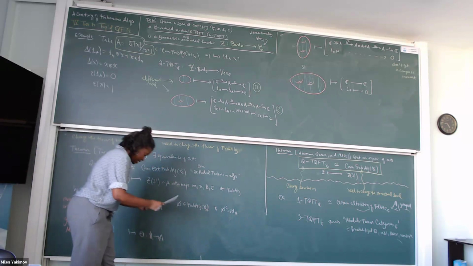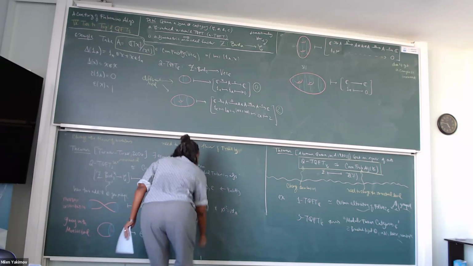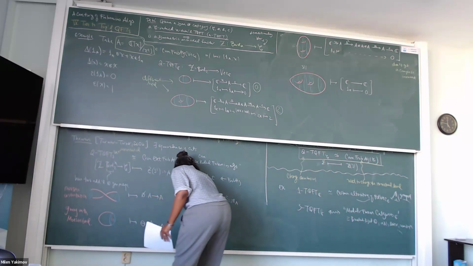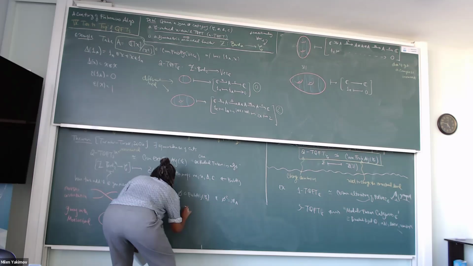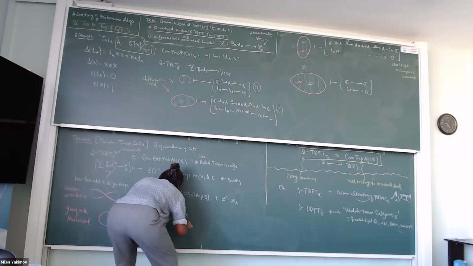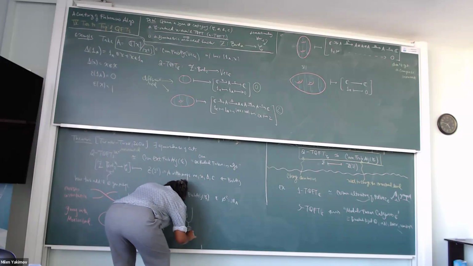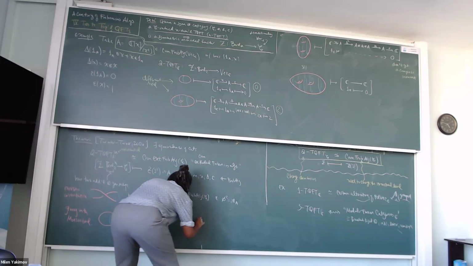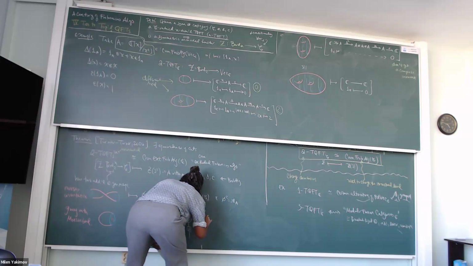And this map has some fun properties. Basically, I'll draw them in terms of string diagrams. So if I take theta, there's theta, and I multiply here and then apply phi, that's the same thing as just applying theta and multiplying.